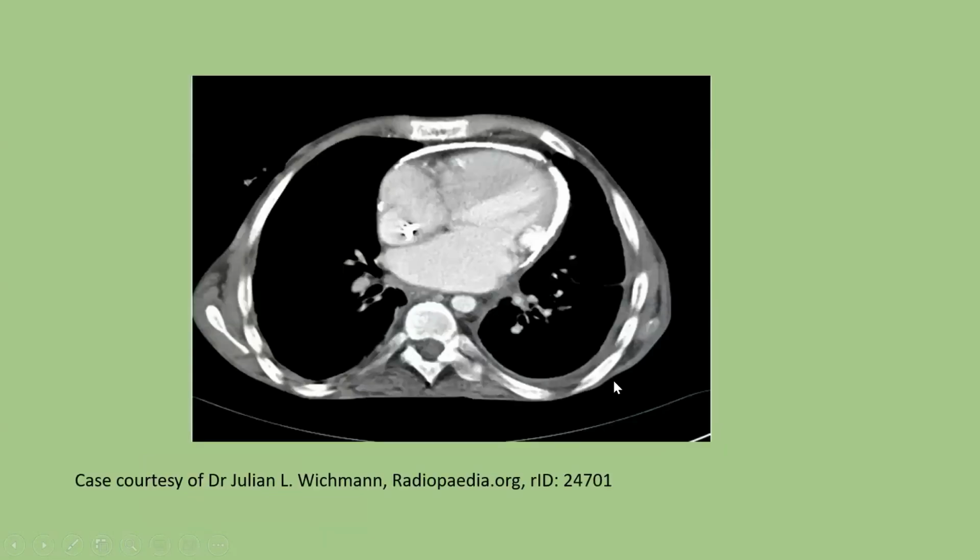Now, look here. This is exactly how constrictive pericarditis looks when it turns calcific, in axial view. You see how calcified it is? Look at the epicardial fat here, a small pad here. It's not like the one we have shown earlier. You see the epicardial fat, a small rim, okay?